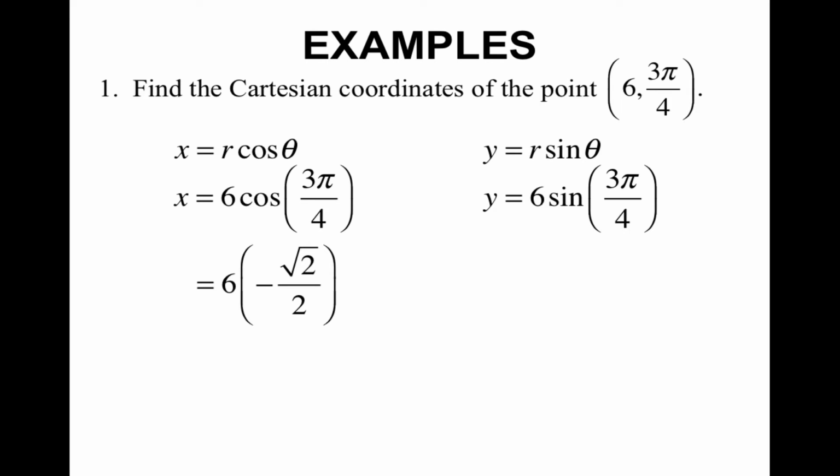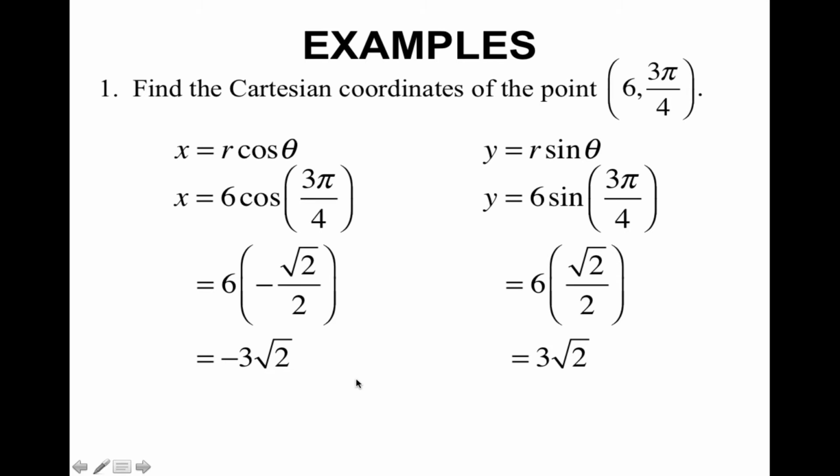And after I do reducing, I get that x will equal -3 square root 2, and y will equal 3 square root 2. So therefore, my Cartesian coordinates would be at the point -3 square root 2, 3 square root 2.